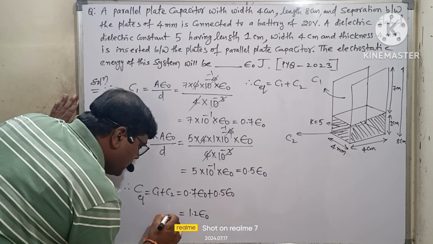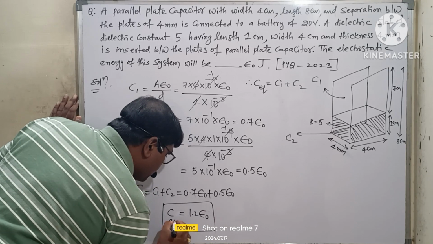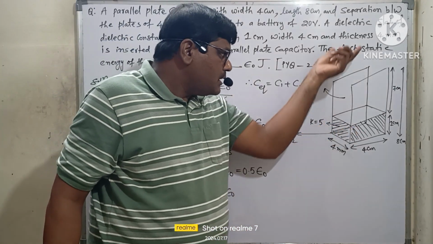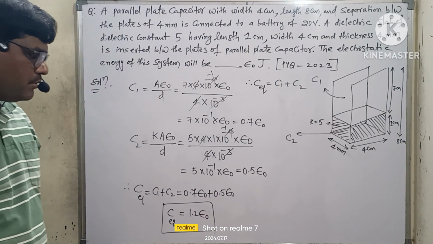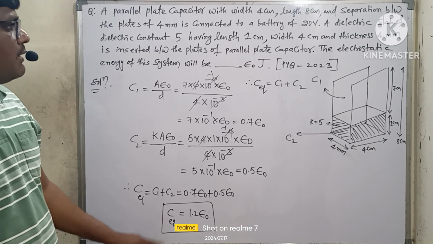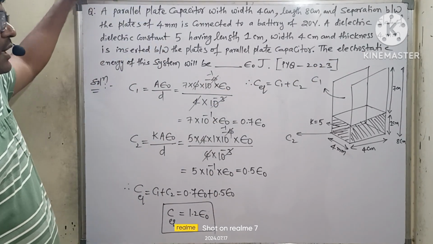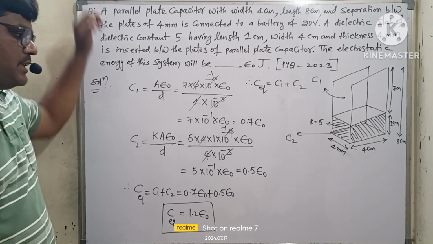This is the value of C equivalent. After placing the dielectric, the total capacitance of this combination is 1.2 epsilon naught. But it is asking not only for C equivalent, it is asking for the electrostatic potential energy of this system.